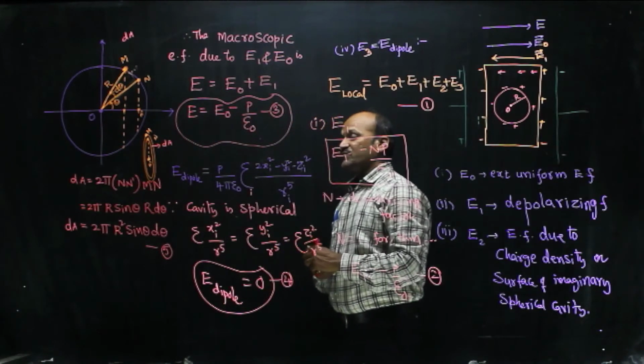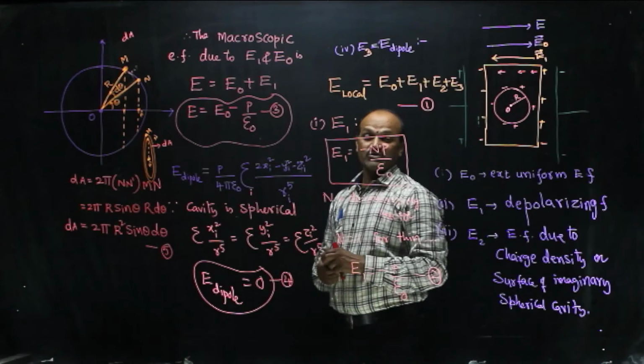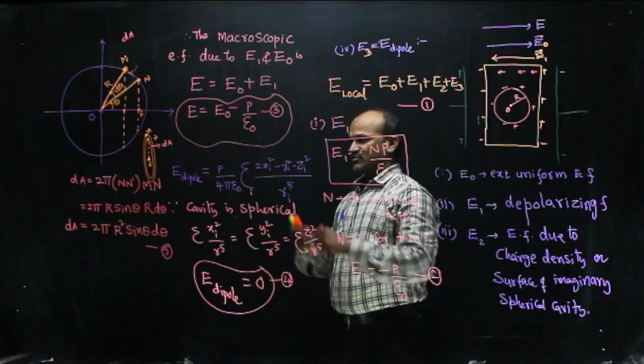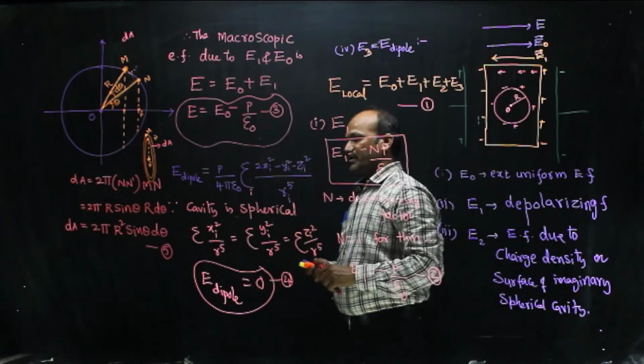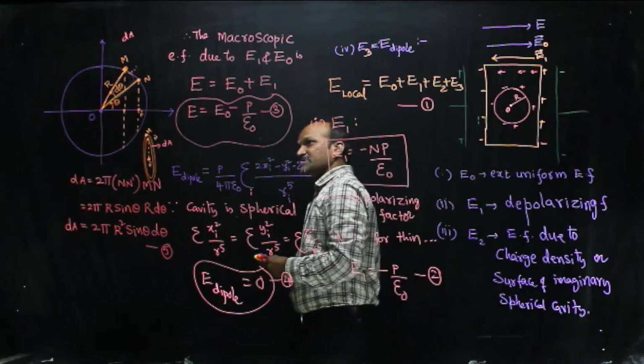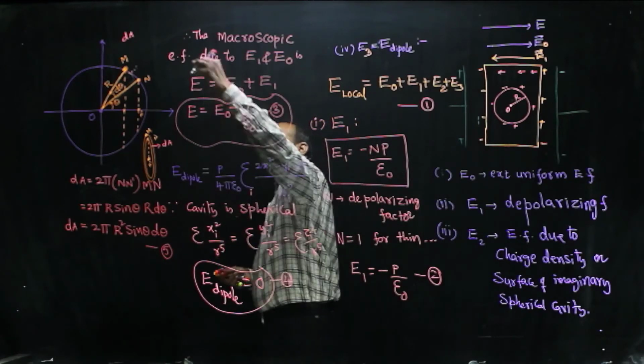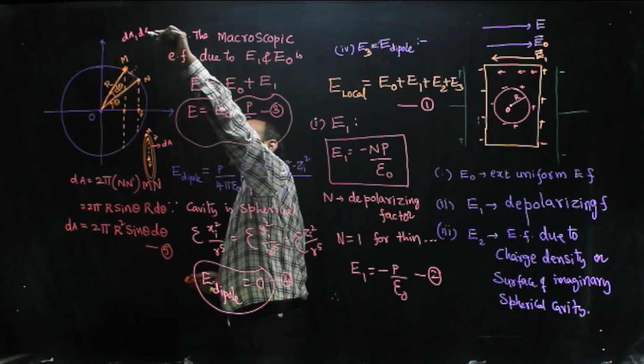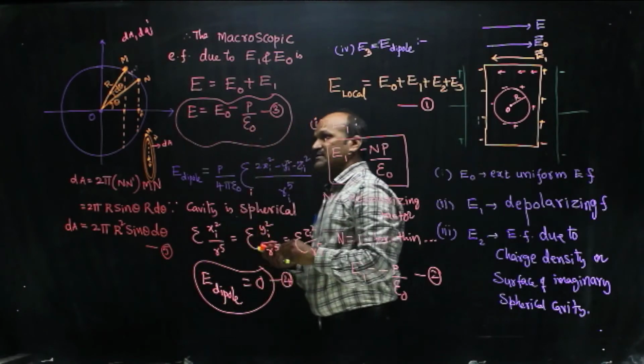Now we'll see what charge is present on this surface area, on this small strip. Say the charge present on the surface area is dq dash.